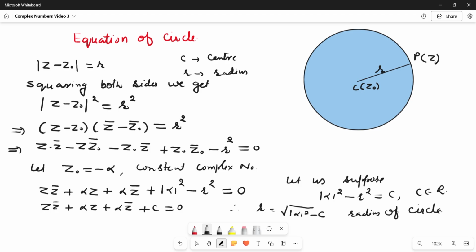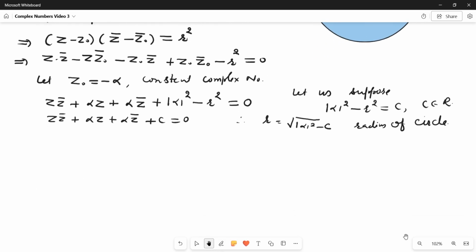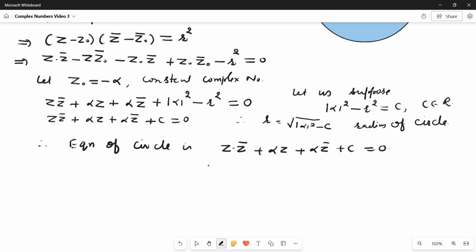So this is the required equation of the circle. Therefore, the equation of circle is z into z bar plus alpha z plus alpha z bar plus c is equal to 0.